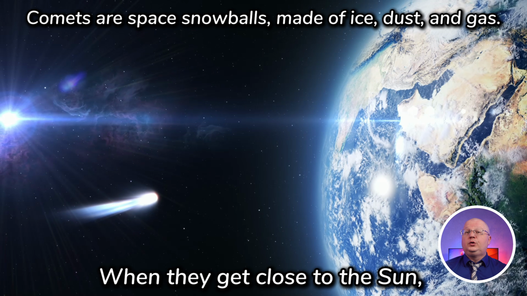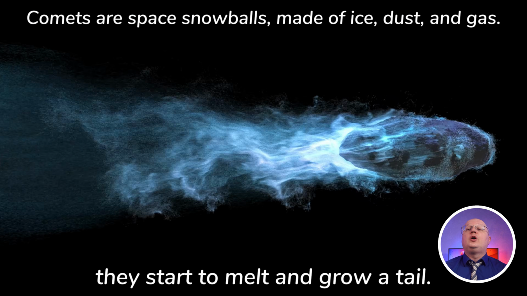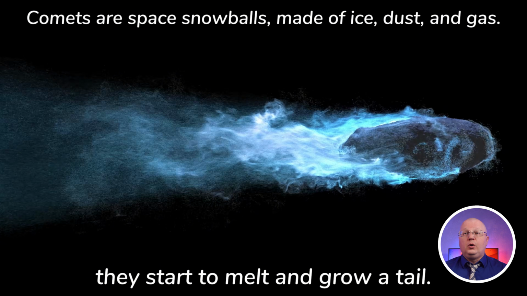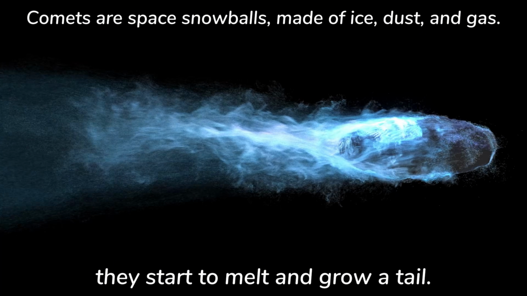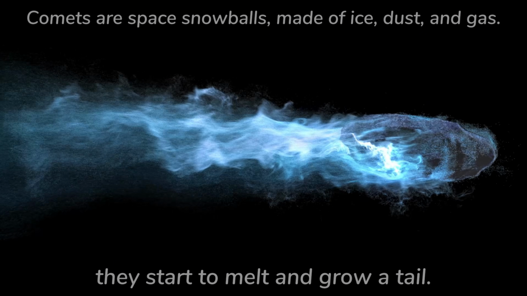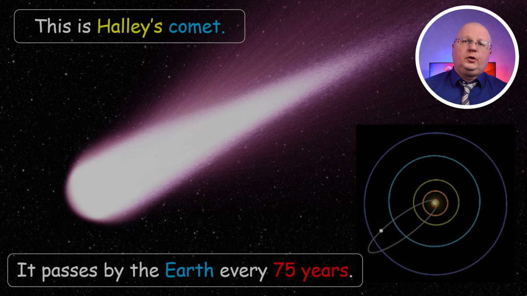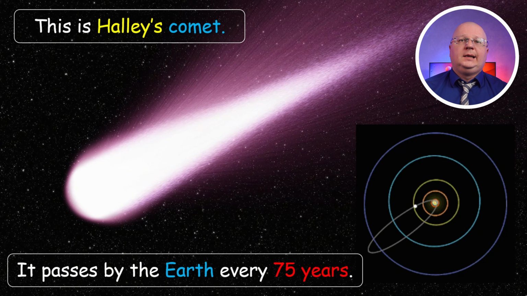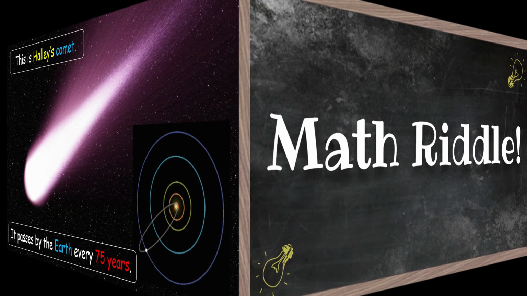When they get close to the sun, they start to melt and grow a tail. Introduce Halley's Comet, telling them that it's a famous comet that passes by Earth every 75 years. It's a once-in-a-lifetime event to see it.